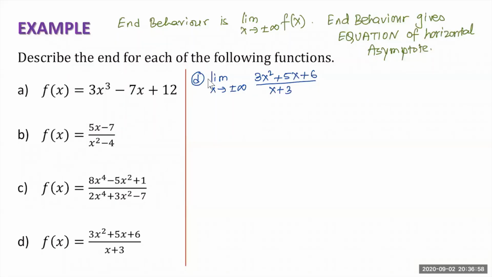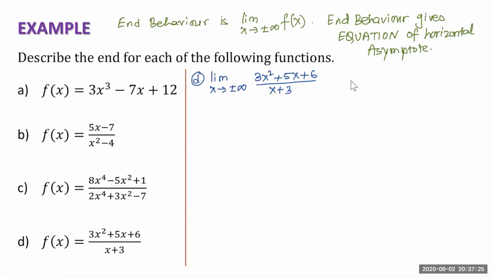Because this is a rational function, in order to find the limit as x approaches positive or negative infinity, we have to divide both numerator and denominator by the highest power of x in the denominator, which is just x. So we are going to divide throughout by x.